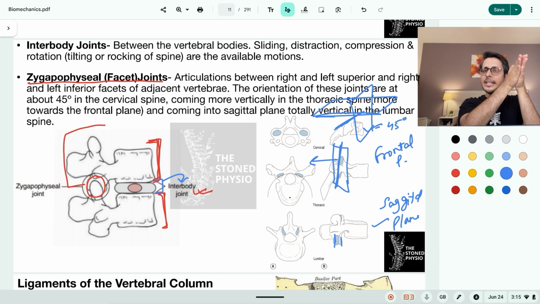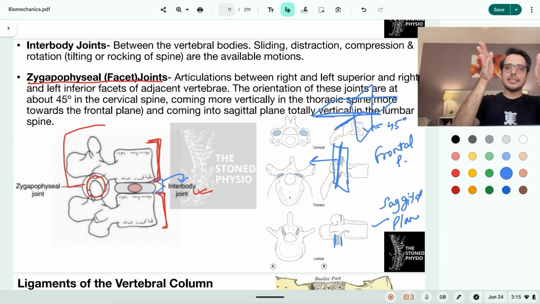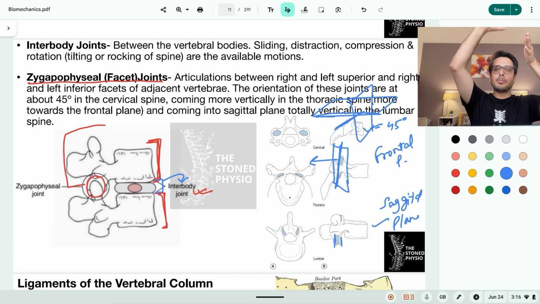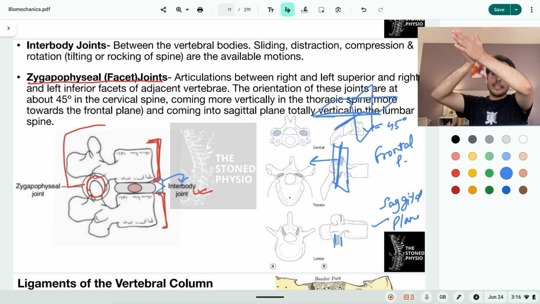So this is the right facet and this is the left facet. As I said, the facets are facing mostly like this. If I am the lower vertebra, my superior facet faces like this, and my superior vertebra's lower facet is attached to me like this. So this is the right facet and this is the left facet.